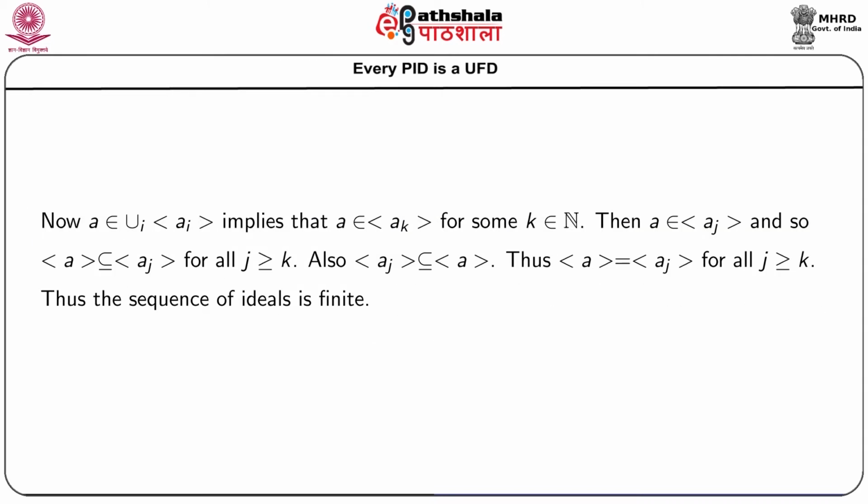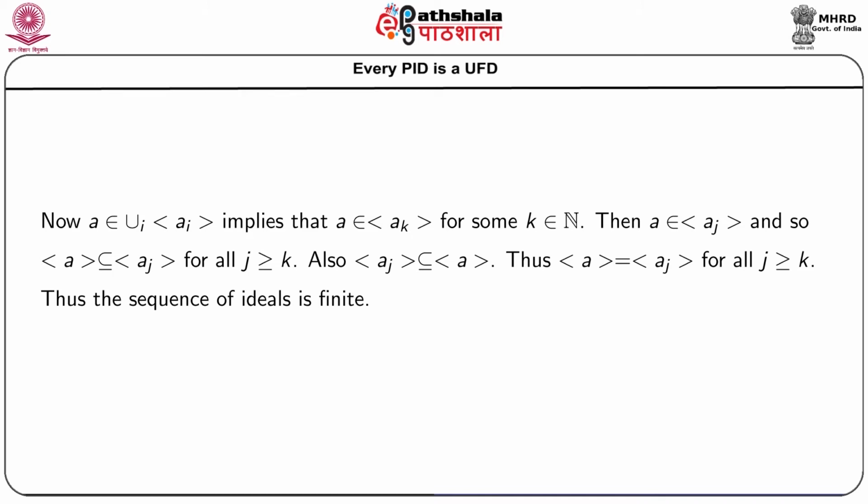Assume that A is in the ideal generated by Ak. Then the ideal generated by A is a subset of the ideal generated by Aj for all j greater than or equal to k.